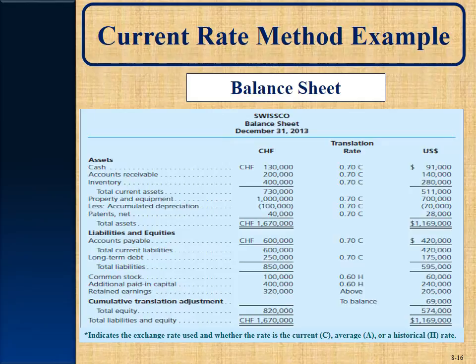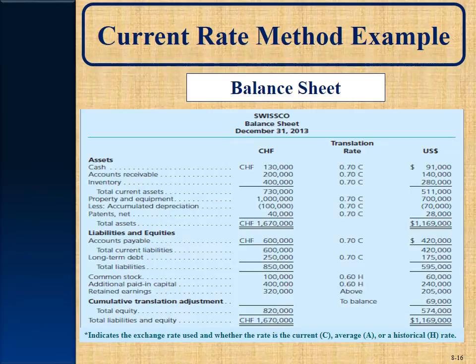Well, assets are $1,169,000. Your liabilities and equity are $1,100,000. So you have a $69,000 translation gain. This is put in as a cumulative translation adjustment in retained earnings under the current method.